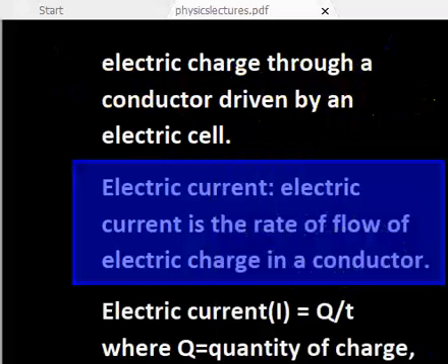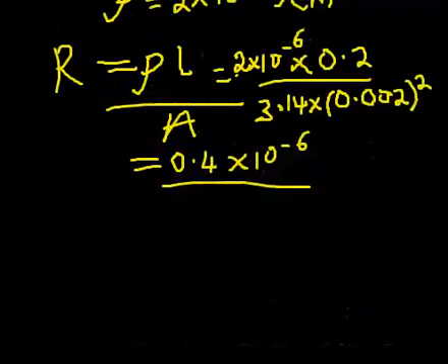I have 3.14, multiplied by 0.002 squared.